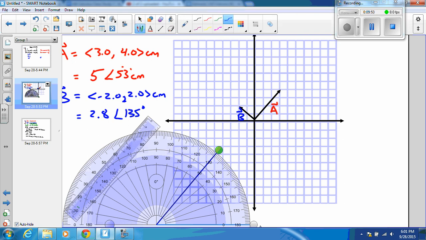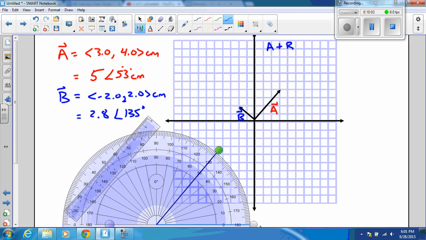But I want to come back to the graph now and see what this means to add the x's and to add the y's. And that's going to give us a way to add vectors in polar form as well. If you think about addition, A plus B, as meaning first go to A and then go to B, then we would do that like this.